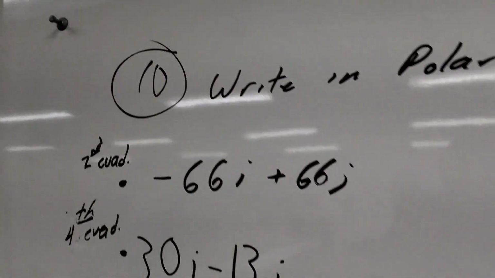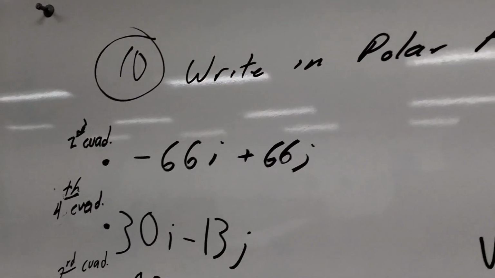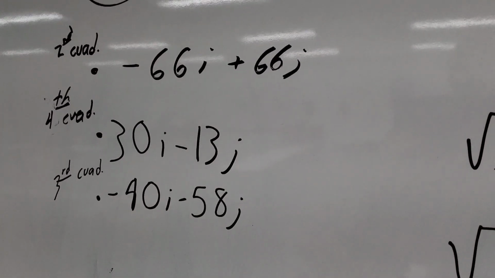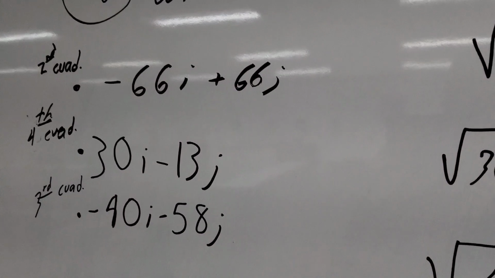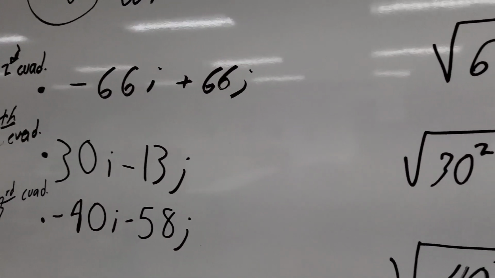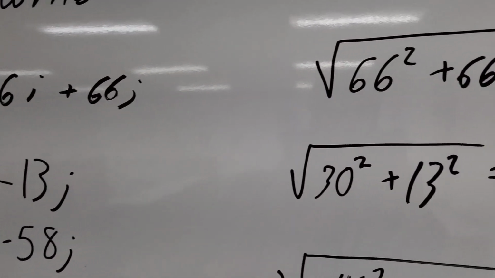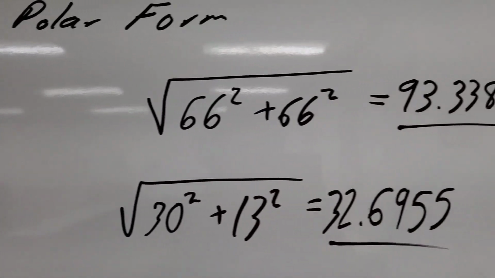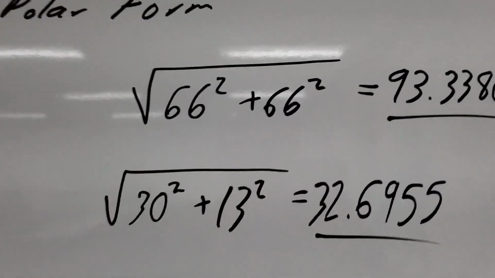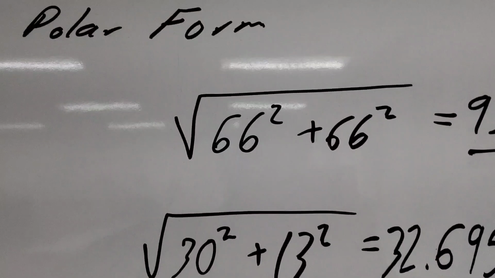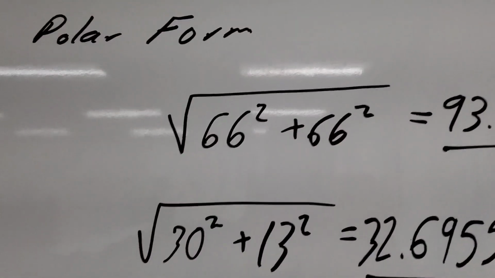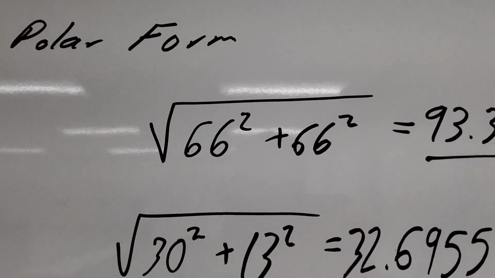Now I'm just going to show the first one because there are three and this would take a lot of time. It's the same procedure for the three of them. At first we have to use the Pythagorean theorem.